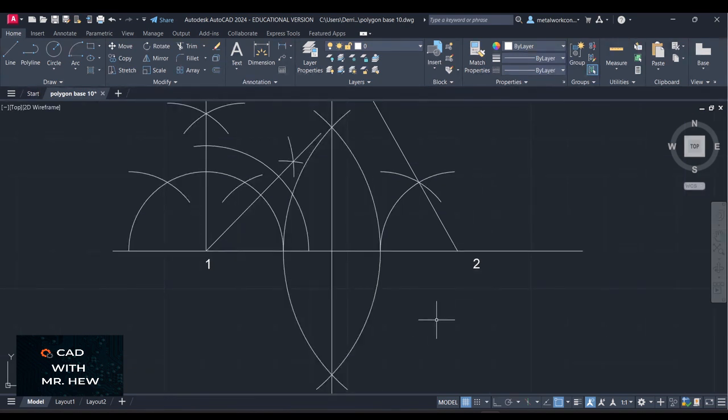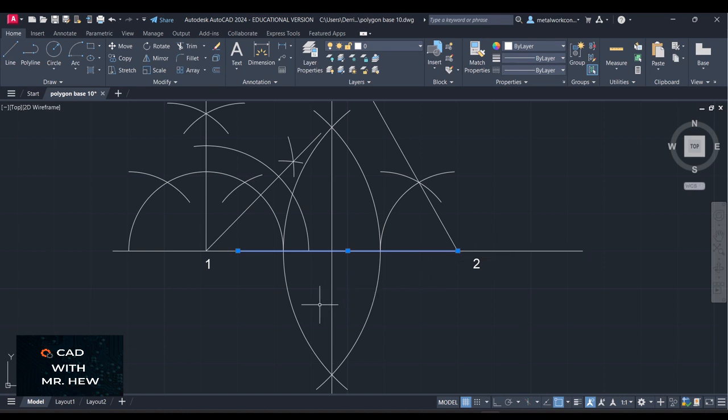All right. So the next step that we did, we bisected this line 1, 2. We bisected the line.